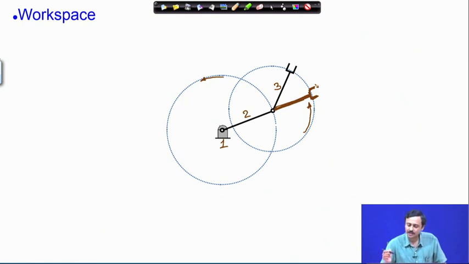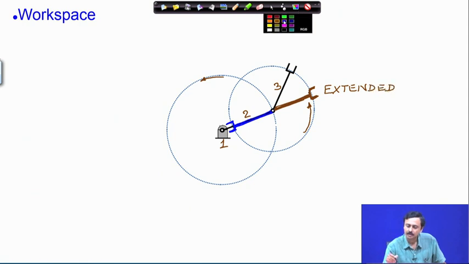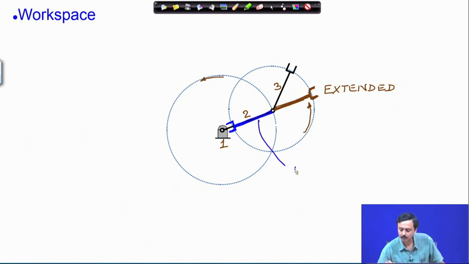What is the nearest reach? When I have the folded configuration. So, this is the extended configuration, and this is the folded configuration.